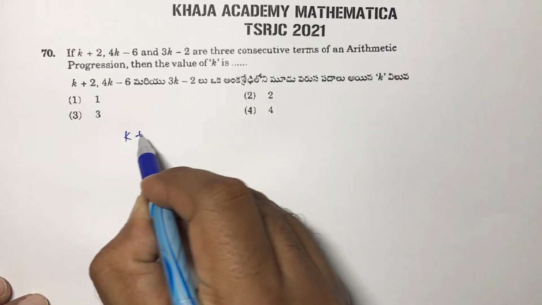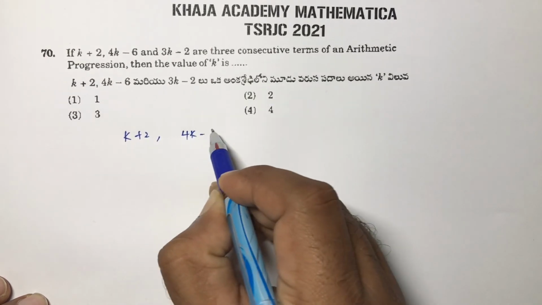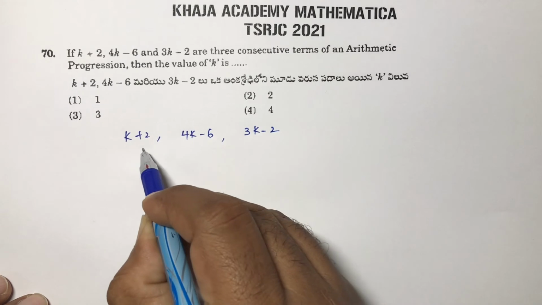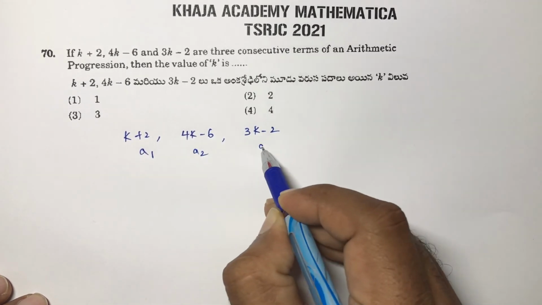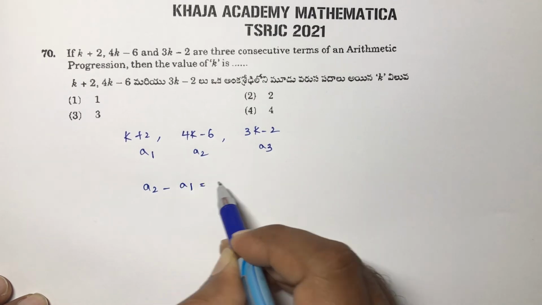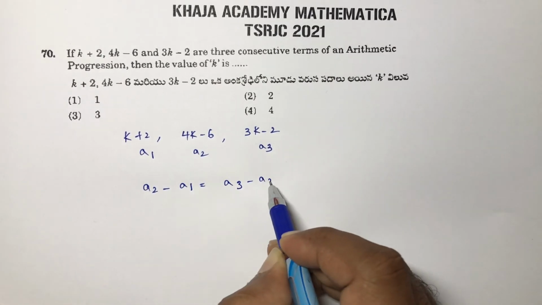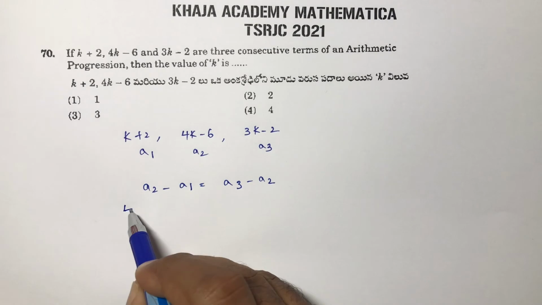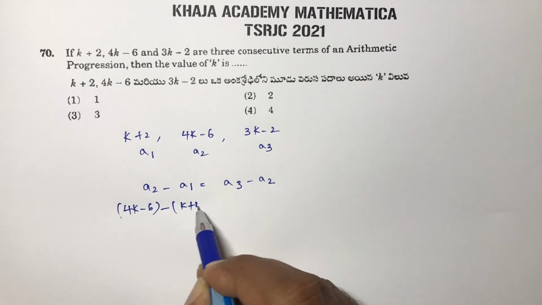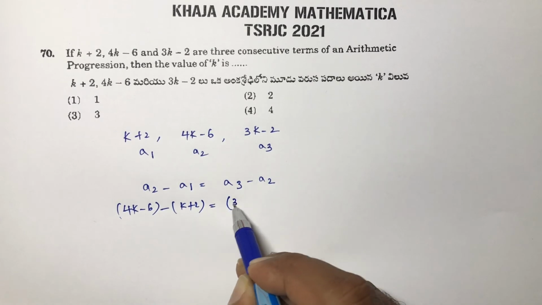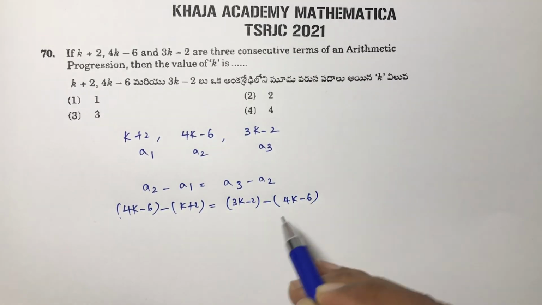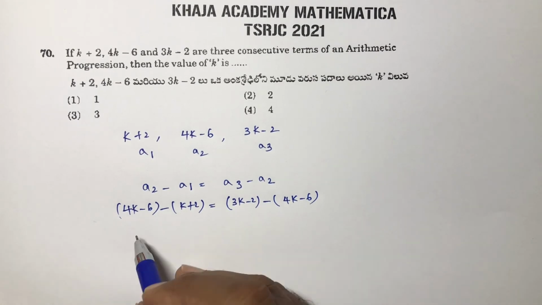If k plus 2, 4k minus 6, 3k minus 2 are 3 consecutive terms of an AP. If they are consecutive terms of an AP, then A2 minus A1 should be equal to A3 minus A2. A2 is 4k minus 6, A1 is k plus 2, A3 is 3k minus 2, minus A2, which is 4k minus 6. If we simplify, you'll get the value of k.